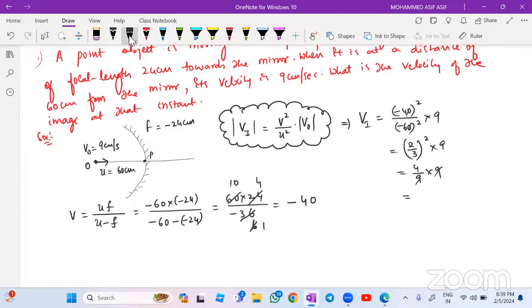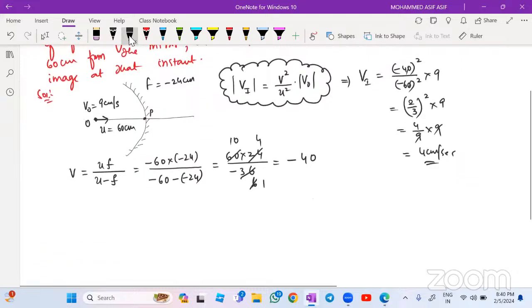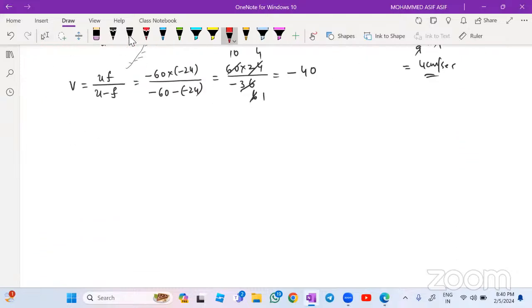So this value comes out to be 4 centimeter per second. Understood, beta? Let's go to the next question.